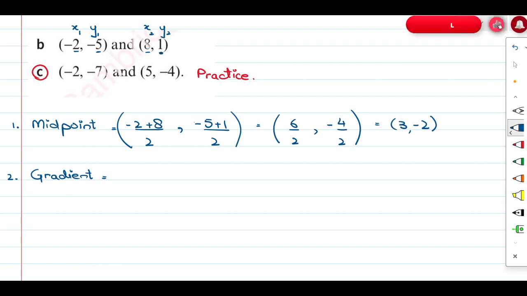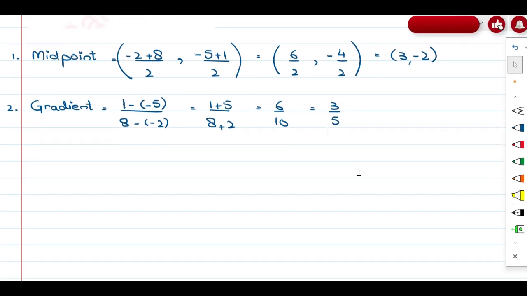So y2 is 1 minus y1 which is -5, divided by x2 which is 8 minus x1 which is -2. Now these negatives become positive, so 1 plus 5 over 8 plus 2. So this is 6, and here we have 10. 2 times 3 is 6, 2 times 5 is 10. Both numbers are divisible by 2. This is the gradient, right?